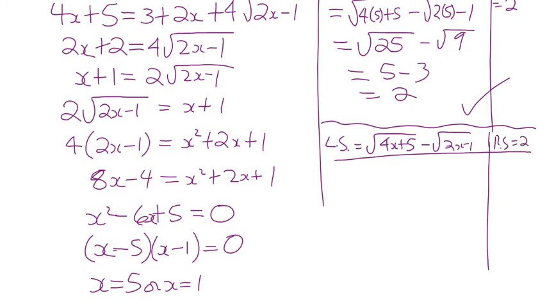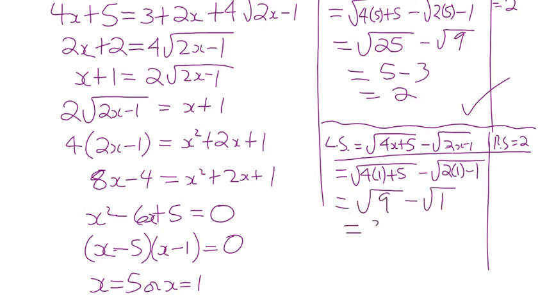Right side is 2. We want to check when x is 1, so 4 times 1 plus 5 minus the root of 2 times 1 minus 1. So root 9 minus root 1, which is 3 minus 1, which is 2, and that also checks. Okay, so both solutions in this case, x equals 5 or x equals 1, are valid solutions.